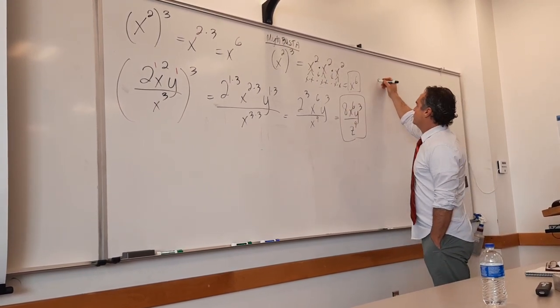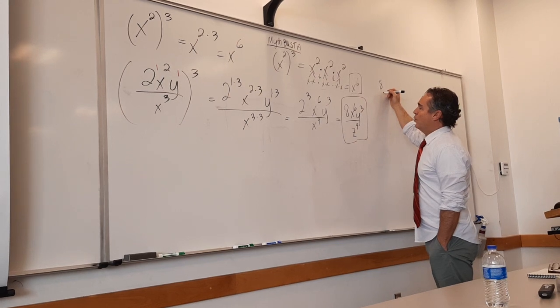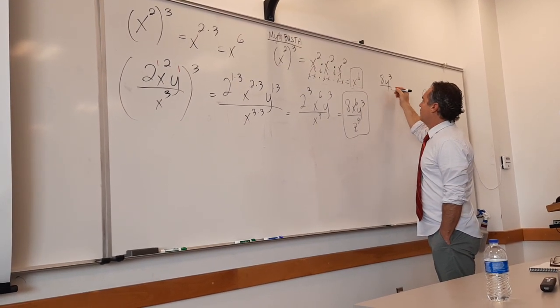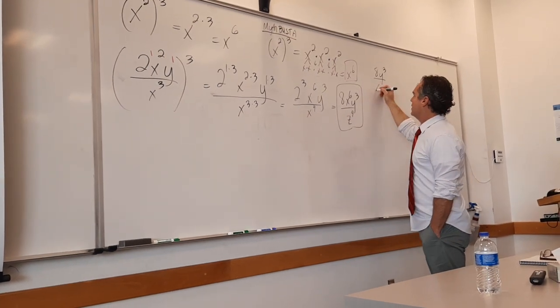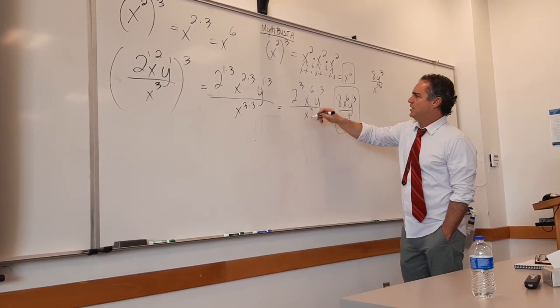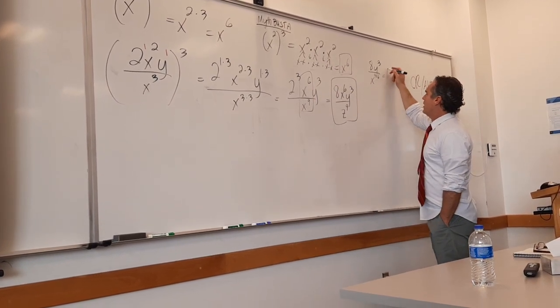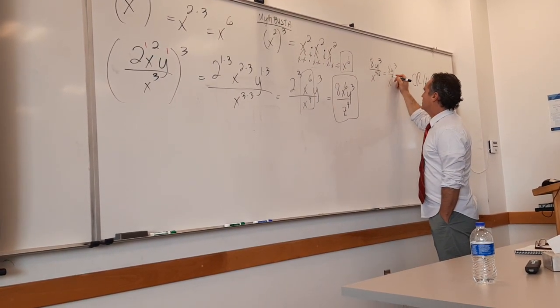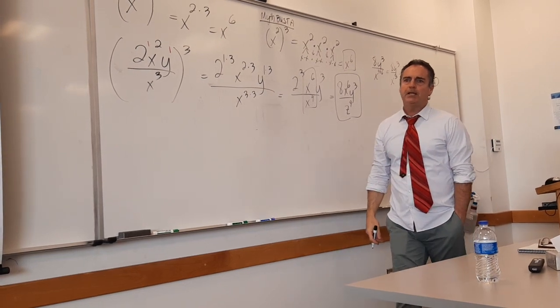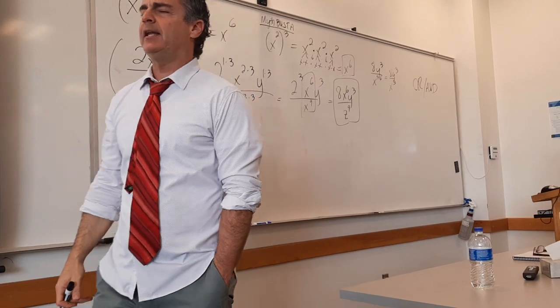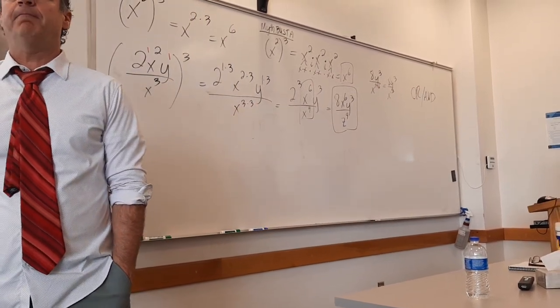The 2 to the 3rd is still 8, and the y to the 3rd is still y to the 3rd, but down here, that's the bigger one, so this is going to end up being x to the 9 minus 6, because these two have the same base, they can be reduced, which is going to make 8y to the 3rd over x to the 3rd, and we're done. Okay? It's a cool question you ask. But we're not going to get anything that complex on this assignment, okay? Not yet.